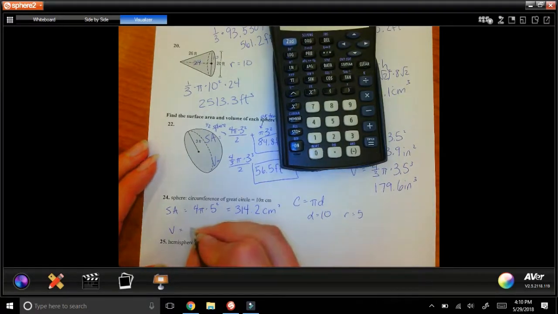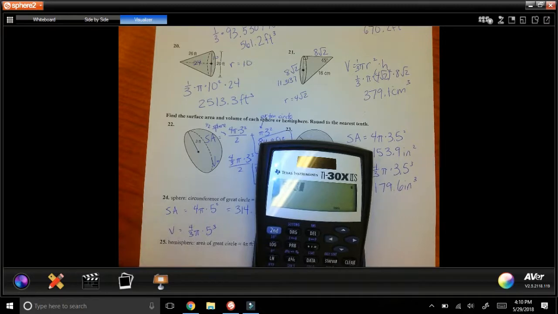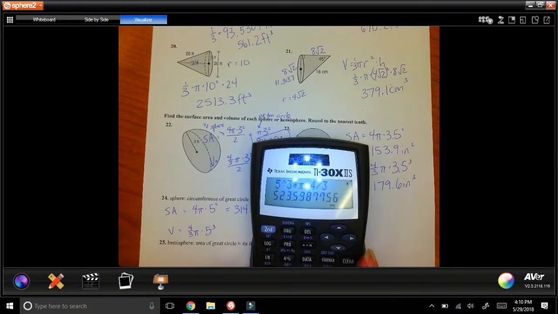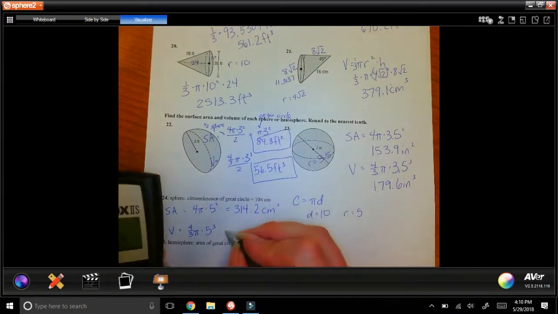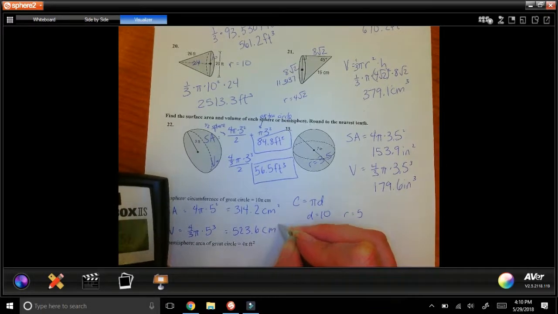The volume is 4/3 pi times the radius cubed. So that would be 523.6 centimeters cubed.